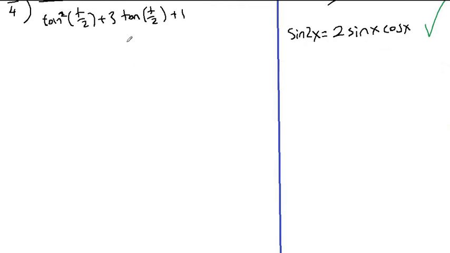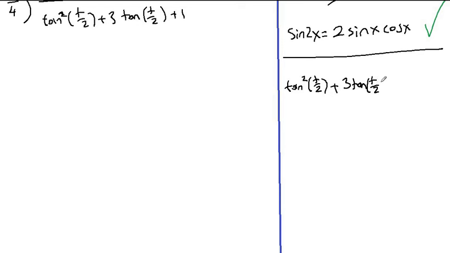Now we're going to complete this. Let's do the side work here. Tangent squared of t over 2 plus 3 tangent t over 2. By completing the square, we take half of the coefficient of the middle term.